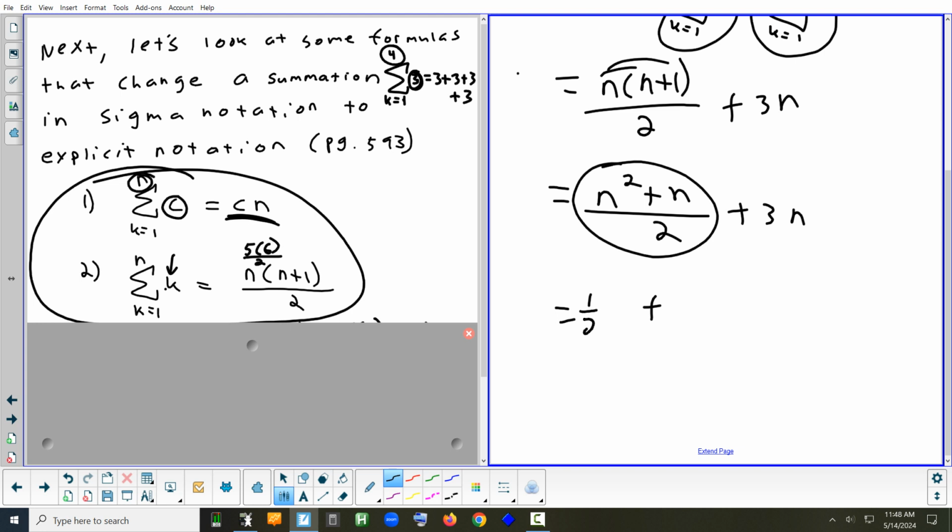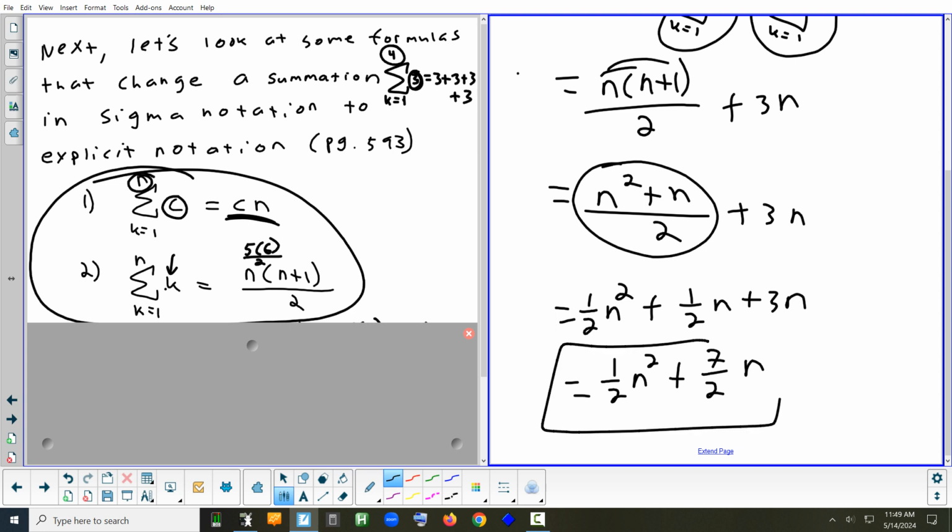Yep, so I'm just going to think of it as 1/2 n squared plus 1/2 n plus 3n. So that's going to be 1/2 n squared plus, what's 1/2 n plus 3n? 3.5 n or 7 halves. Yep, I'm just going to think of it like that.